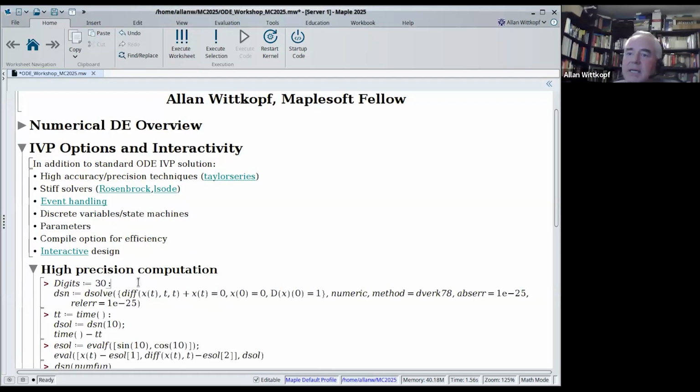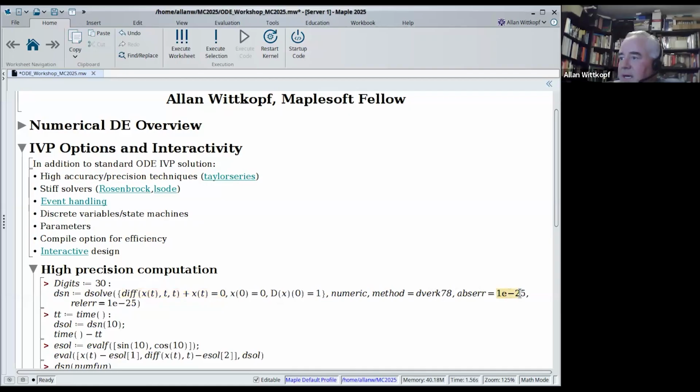So, high precision. Maple, of course, works with arbitrary digits. You just specify a digit setting, and that's the precision it will work in. For this problem, I'm going to set digits to 30, and I'm going to try and solve basically just the harmonic oscillator. And in fact, it's a sine solution.